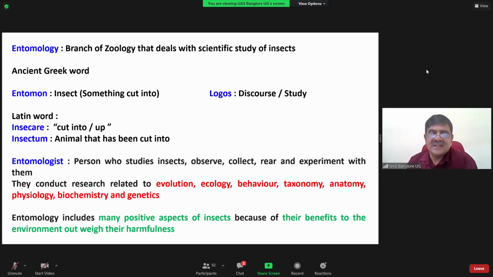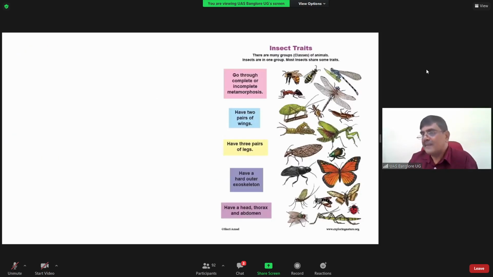That means insects are more of a benefit to the environment rather than harmful. So the statement says insects have many positive aspects because their benefits to the environment outweigh their harmful nature. So these are the definitions of different terminologies.